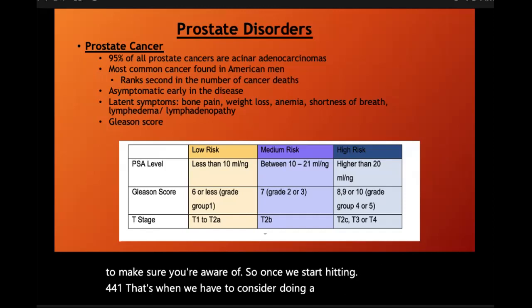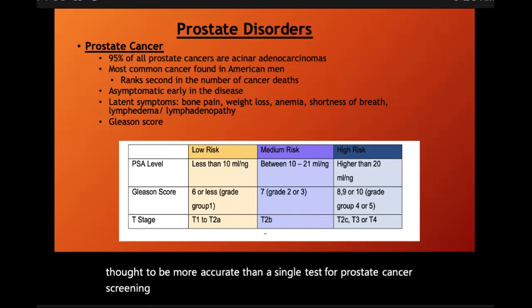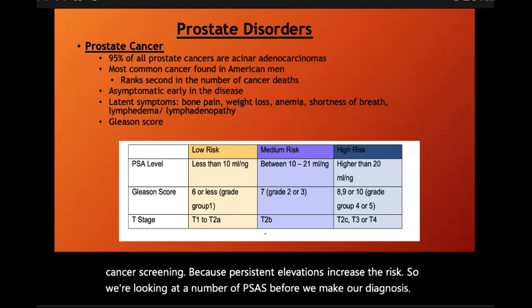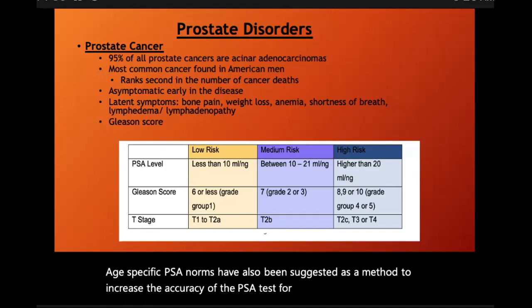Serial PSAs are thought to be more accurate than a single test for prostate cancer screening because persistent elevations increase the risk. So we're looking at a number of PSAs before we make our diagnoses. Age-specific PSA norms have also been suggested as a method to increase the accuracy of the PSA test for the diagnosis of prostate cancer.